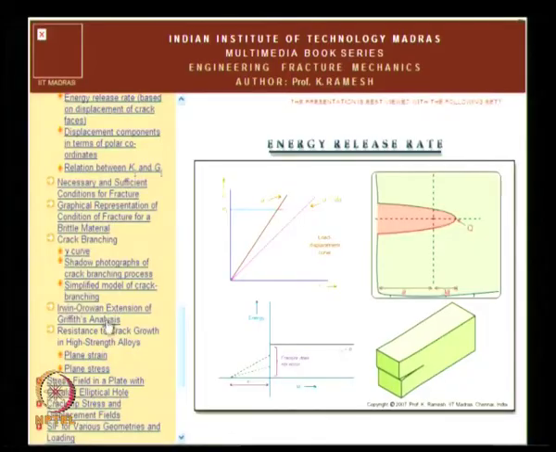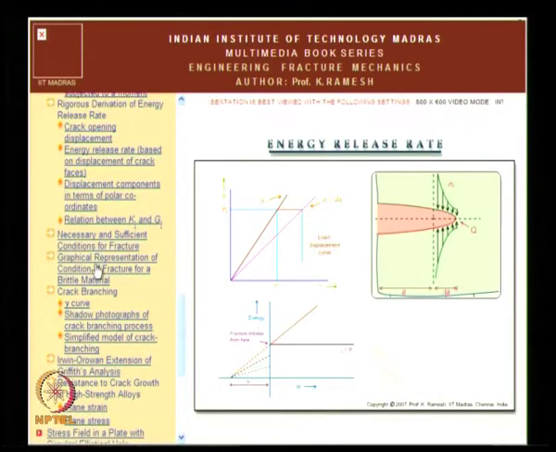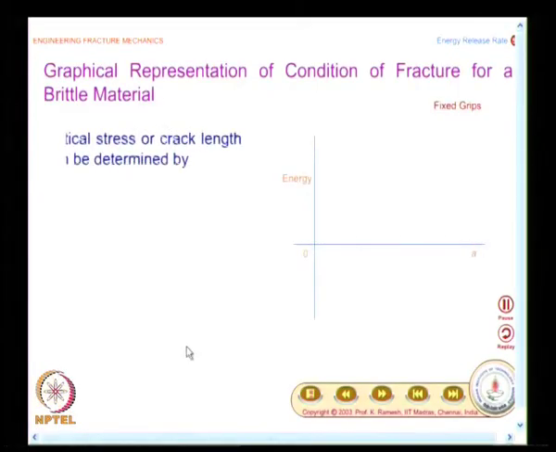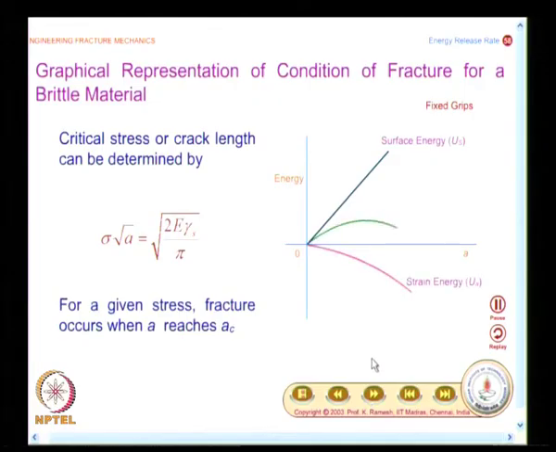Sir, we know that energy release rate is the energy required for unit extension of a crack, whereas R is a resistance to fracture, but how are G and R equal in stable fracture? See, you will have to look at what way we have developed the fracture theory.